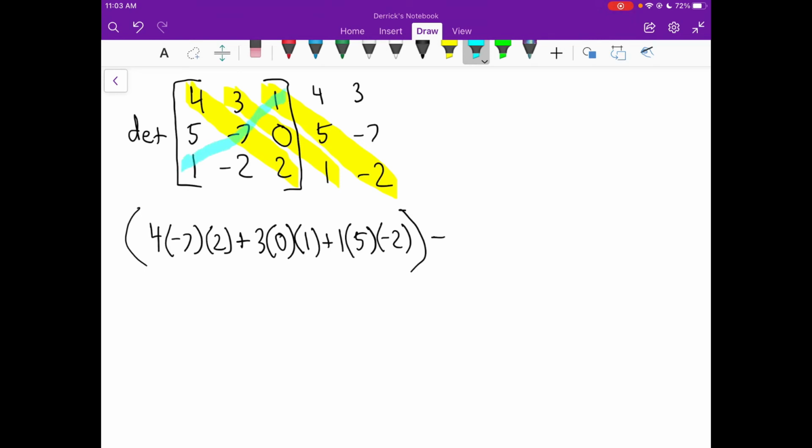It looks like one would be 1, negative 7, 1. Another would be negative 2, 0, 4. And another would be 2, 5, 3.